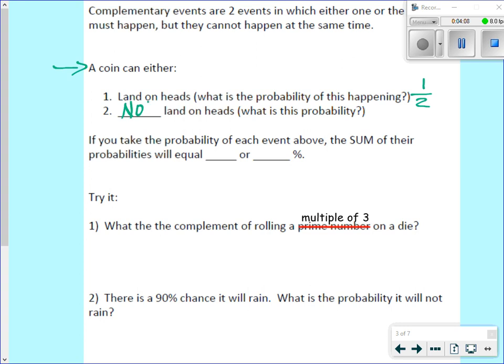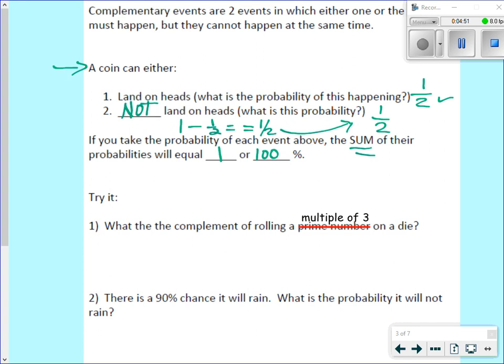The probability of not landing on heads, so the probability of that is there's 1 tail over 2, or you can take 1 minus 1 half, which is landing on heads. 1 minus the probability of landing on heads, which we found here, we get 1 half for the not. If you take the probability of each event above, we see again the sum of their probabilities will equal 1 or 100%.